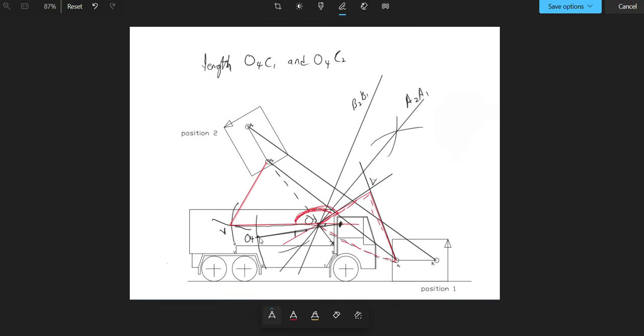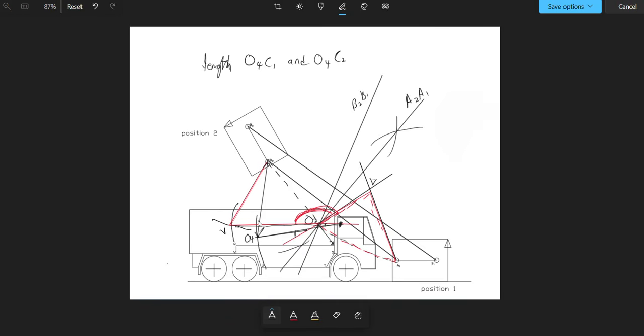So when the question says O4C1, that means the length from the pivot of the hydraulic actuator to C1. So C1 is the same as A2. You see, the question is actually saying C1. So that means A1 and then B1 are actually C1 and then D1. So you can measure the length from here to here. That is O4C1. The length from here to here is O4C1 and then O4C2.